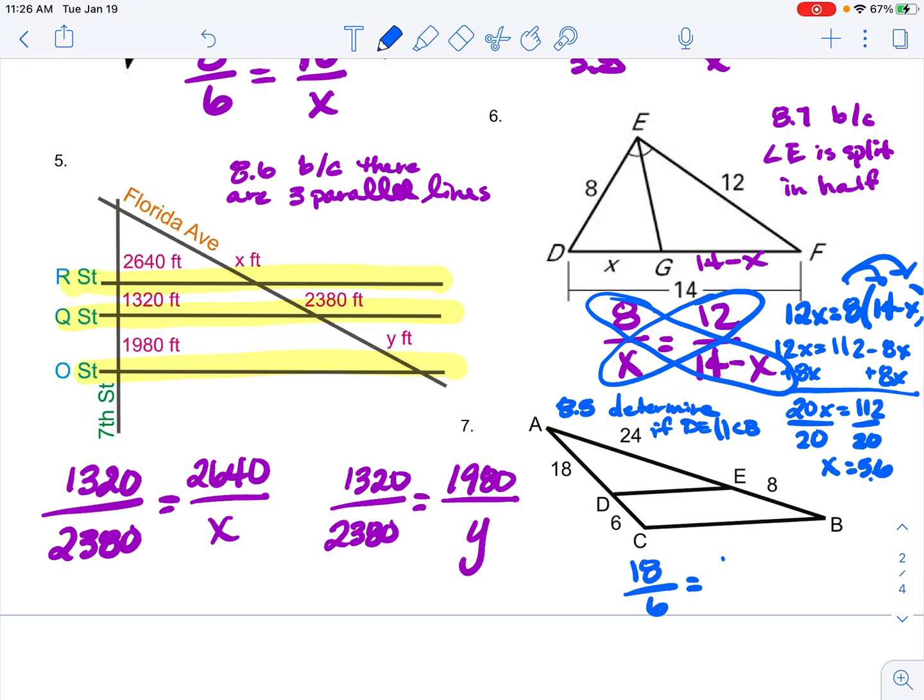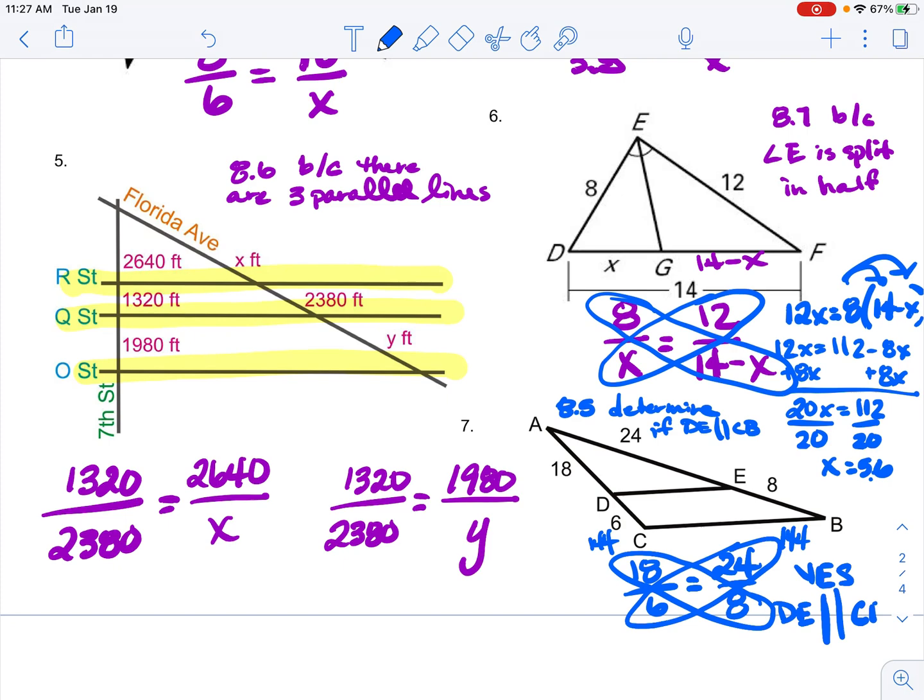I have 18 over 6, and I have 24 over 8. And again, if that's proportional, then they are parallel. So if this times this, which equals 144, is equal to this times this, which is also 144, then we know that yes, DE is parallel to CB.